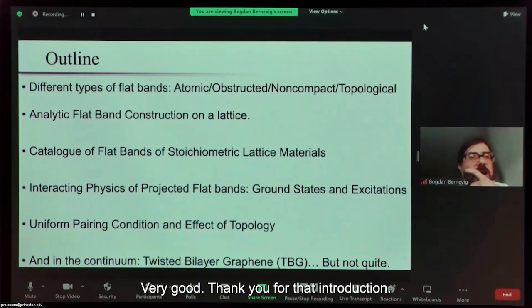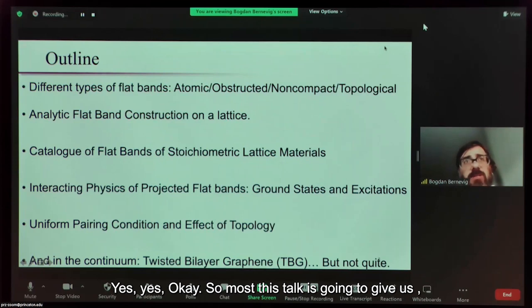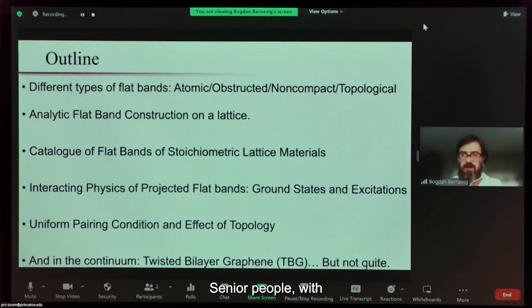So the outline of the talk is basically that we separate into two talks. The first talk is going to be about non-interactive systems and how you classify and construct flat bands.